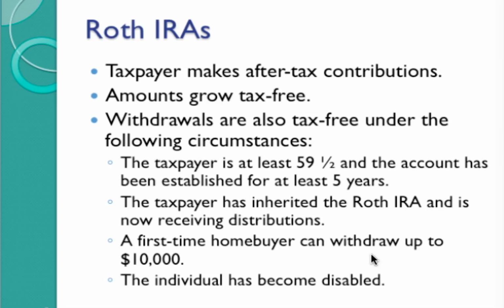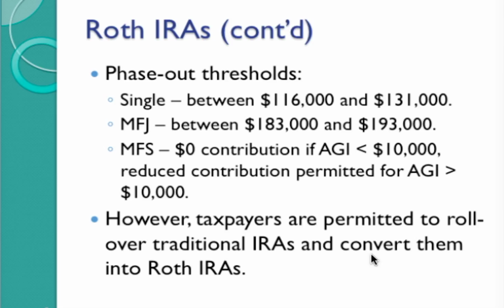These are increasingly more popular since this is a newer advent into the IRA market, and are popular basically because you are able to delay the tax benefit into future years, pretty much allowing you to have a better withdrawal when you are able to take them out, and you don't have to worry about taxes there. Those are the phase-out thresholds. I'm not going to talk about that too much.